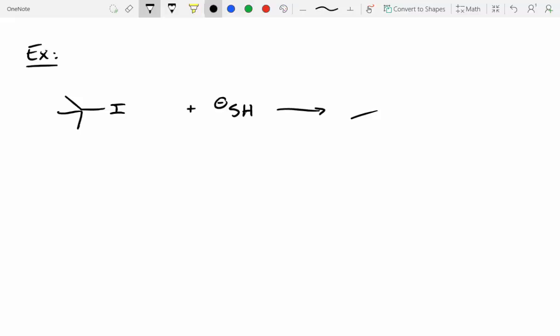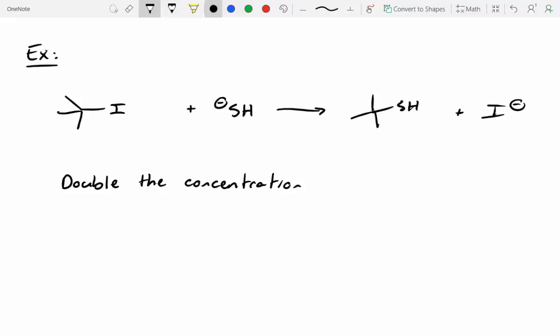And in this case, we know from looking at this reaction that our products look like this, and my iodine is now an anion. Okay, so let's say I double the concentration of my nucleophile, but the rate remains unchanged.